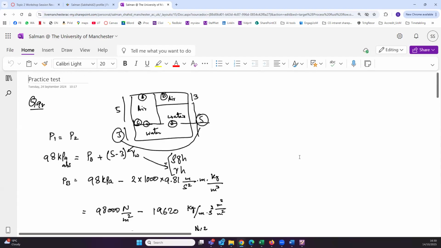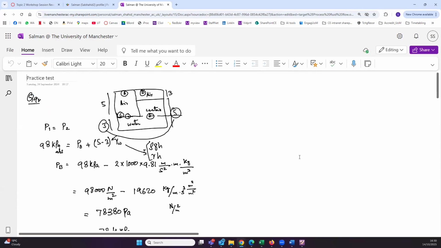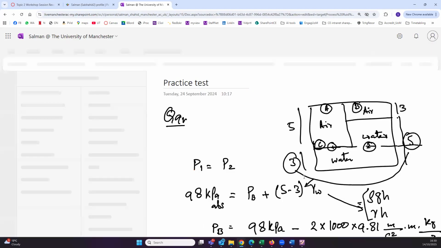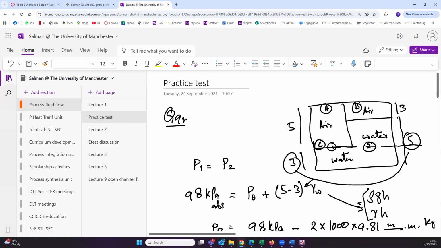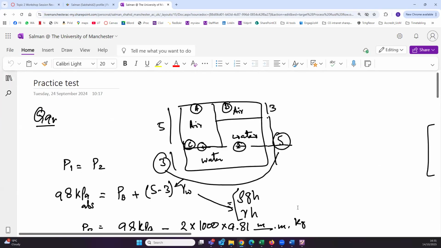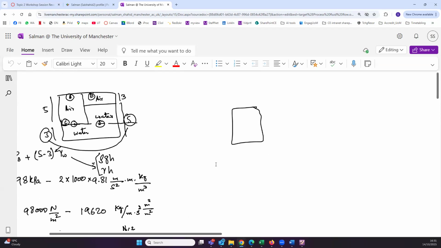For some reason my tablet is not really behaving as I want it to behave. So let's say this is a container, and in this container you have air molecules. It's not really working, so let's just forget about it.